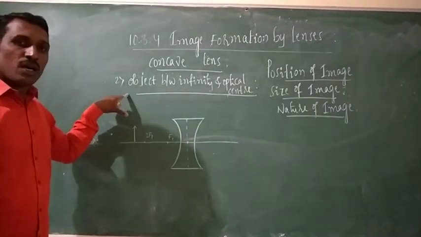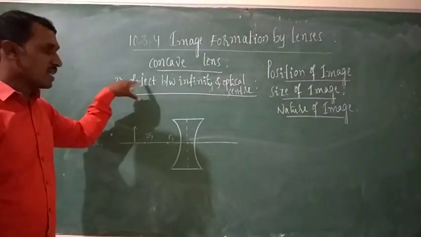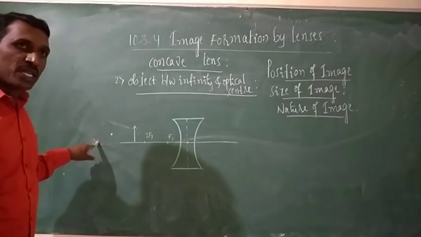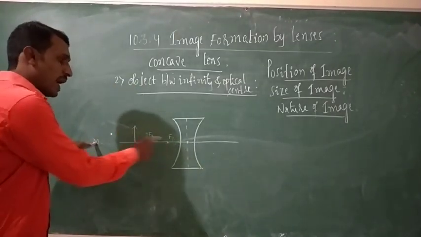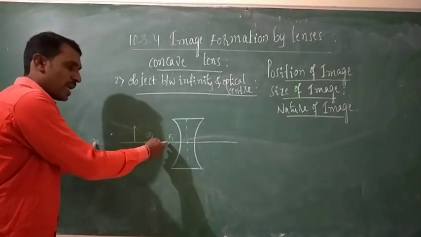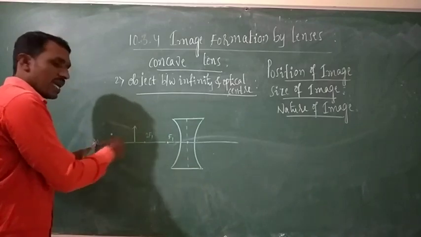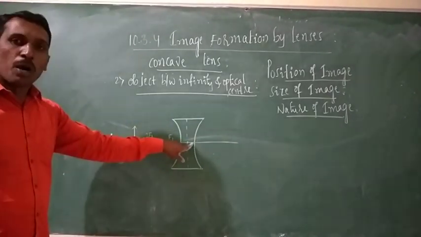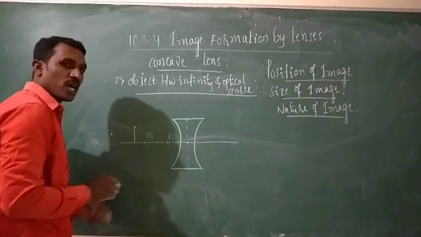Okay. The second and last case of the concave lens is here. That is, the position of the object is between infinity and optical center. Anywhere, it may be at 2f1, it may be at f1, it may be here, anywhere between infinity and optical center. Yes, I placed the object here.